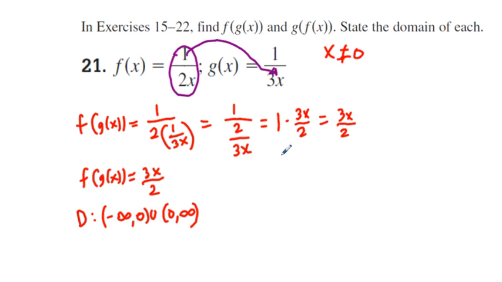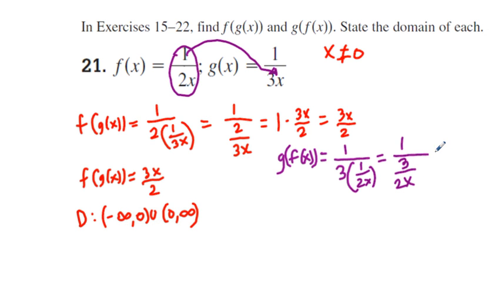I'm going to put this in purple. g of f of x is going to be equal to 1/3, and we replace that x with 1 over 2x, which equals 1 over 3 over 2x, which equals 1 times 2x over 3. So g of f of x is equal to 2x over 3.